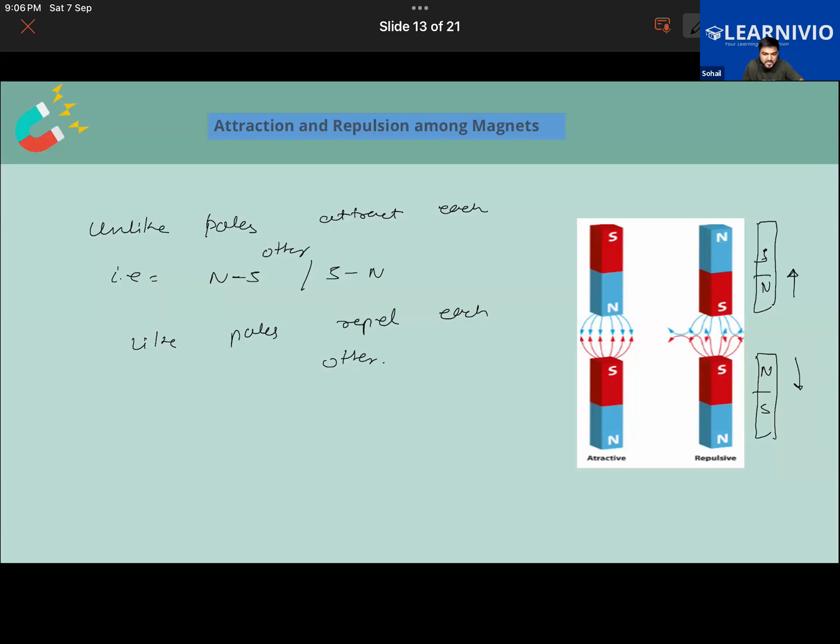You can draw a diagram if you wish, not a big issue. Then like poles, like north-north or south-south, repel.